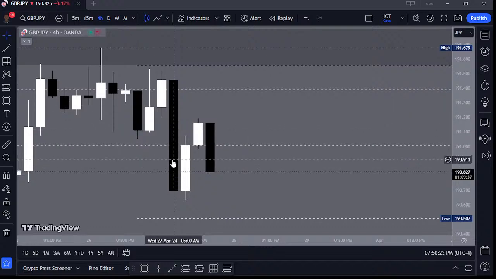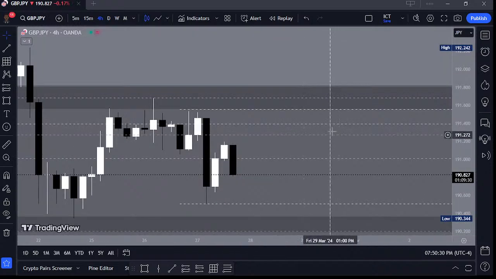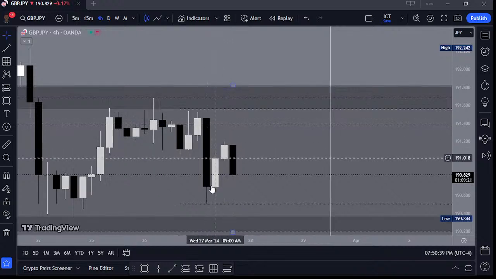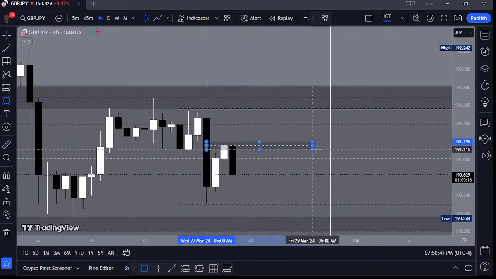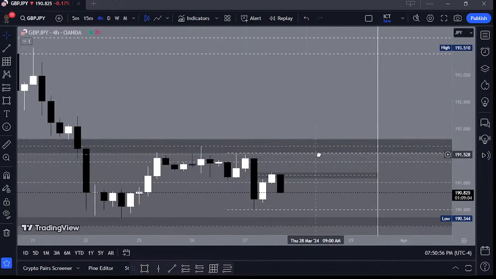We ran on liquidity, and we left a fair value gap here. We left a fair value gap here to hit this fair value gap, which was traded through. And look how beautifully it was respected, traded through and boom, beautiful, respected.